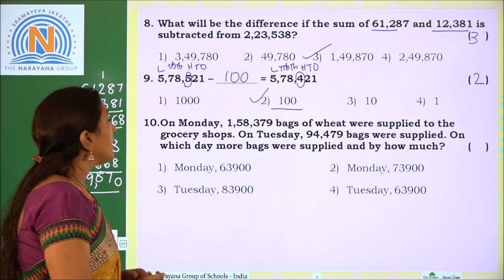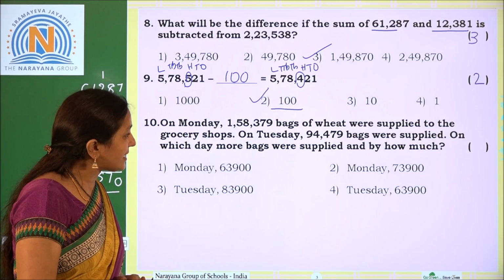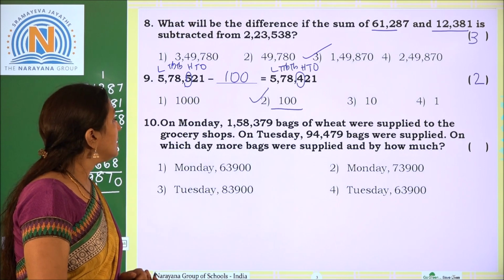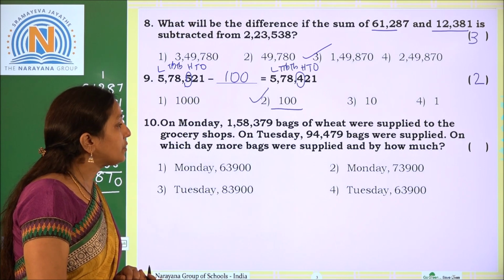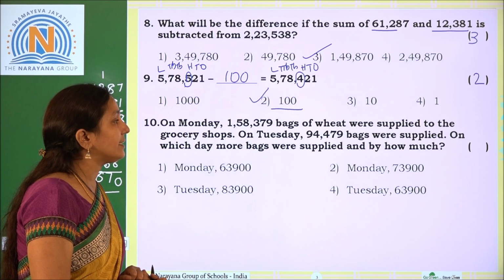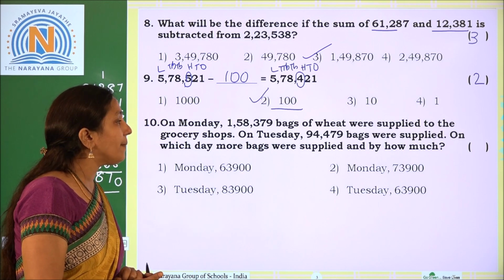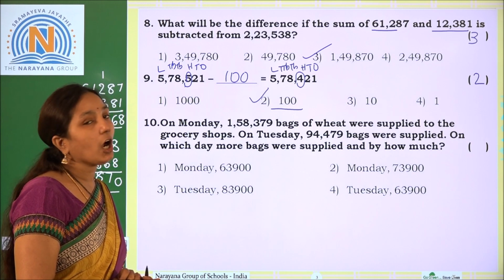Next one. On Monday, 1,58,379 bags of wheat were supplied to the grocery shops. On Tuesday, 94,479 bags were supplied. On which day more bags were supplied and by how much?